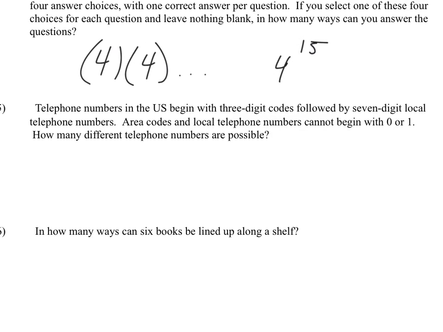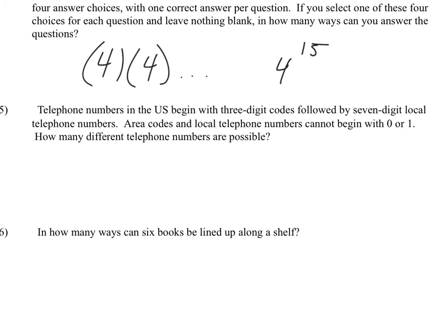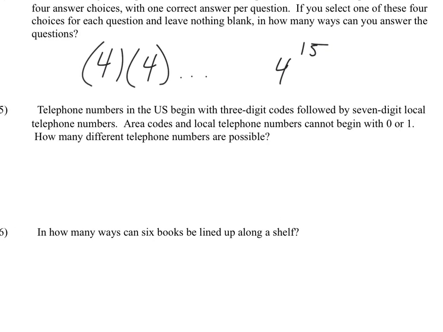All right, so let's move on to example number 5. Here we're looking at the telephone number options in the United States. So telephone numbers have a 3-digit area code followed by a 7-digit local telephone number. Area codes and local telephone numbers cannot begin with a 0 or 1.